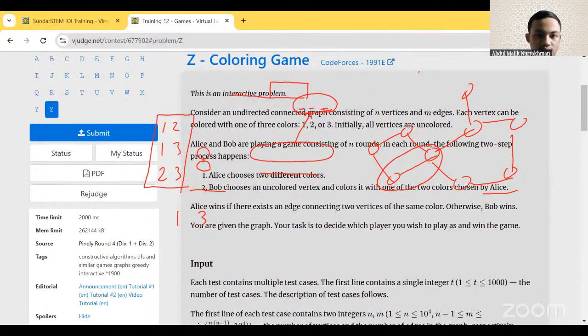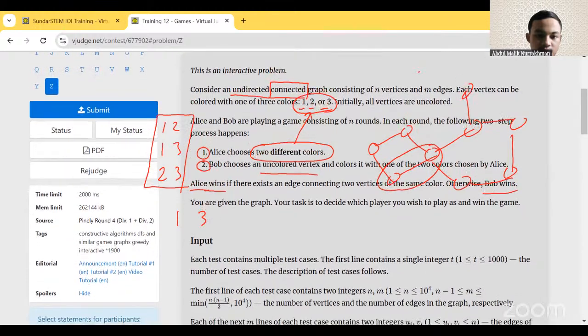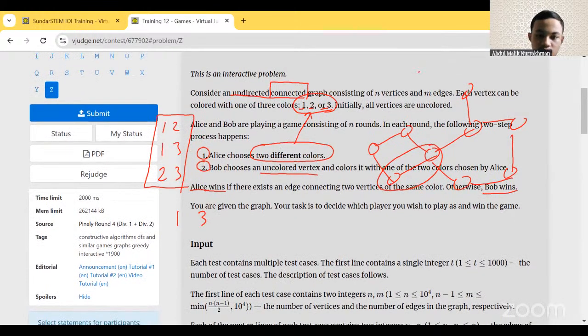In this problem, we can choose whether to play as the first player or the second player, and we have to win the game.